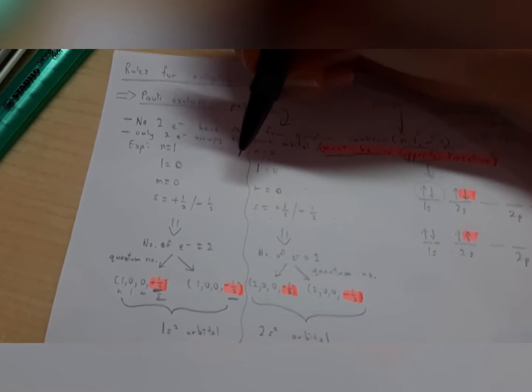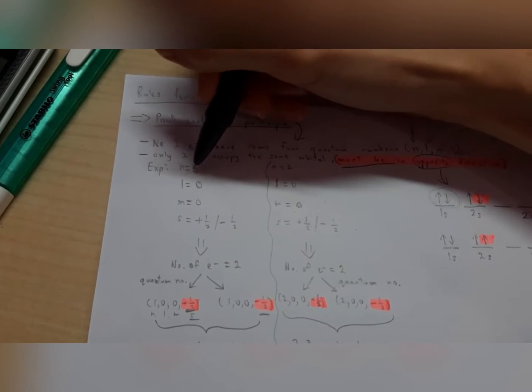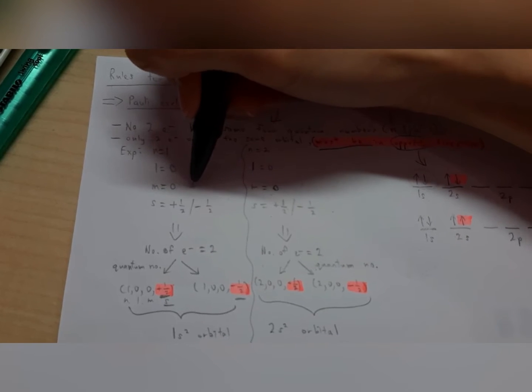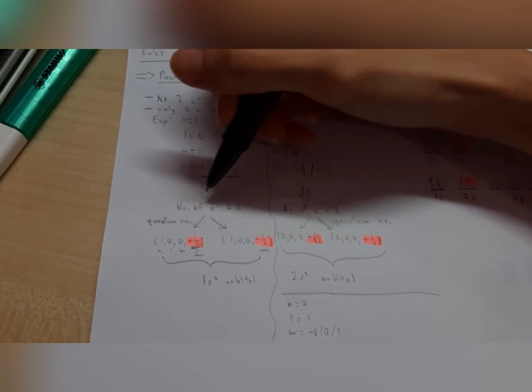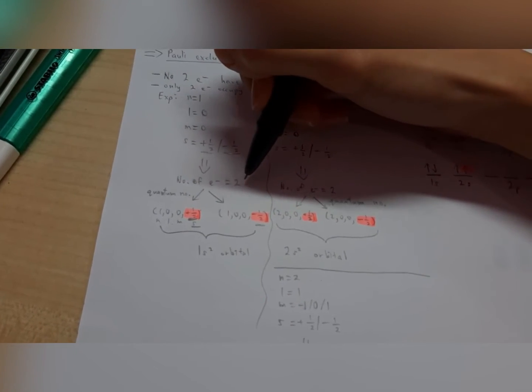For example, I have given here, if n equals 1, l will be 0, m will be 0, and s will be positive or negative 1 over 2. So in total the number of electrons will be 2.